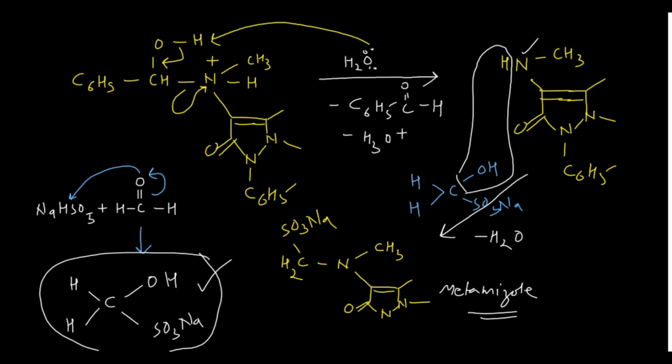So this is how you can synthesize, or understand the reaction which leads to the synthesis of this particular drug, which is something very important, and you will not easily find this much mechanistic explanation in the textbook. So this is how you can synthesize this particular compound.